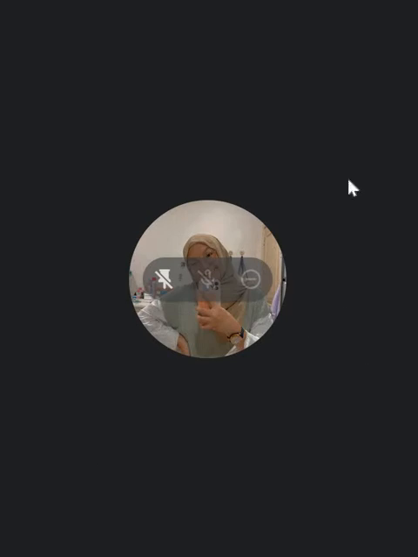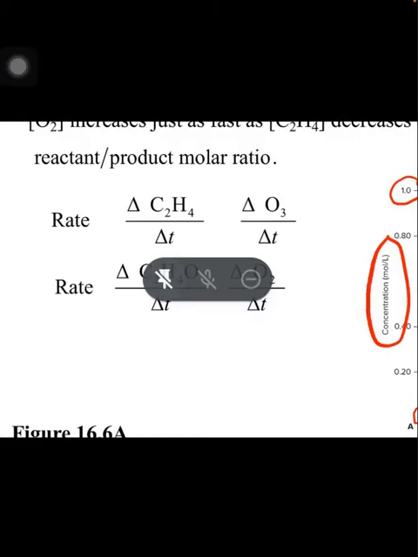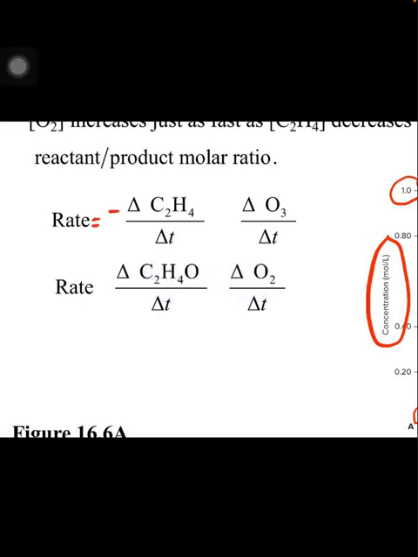And as we know that the way we express also will be totally different. Yang mana ini adalah rate is equals to negative lah sebab C2H4 is a reactant. Okay, and it is equals to concentration of O3. O3 pun reactant, right? So kena ada negative sign kat depan.